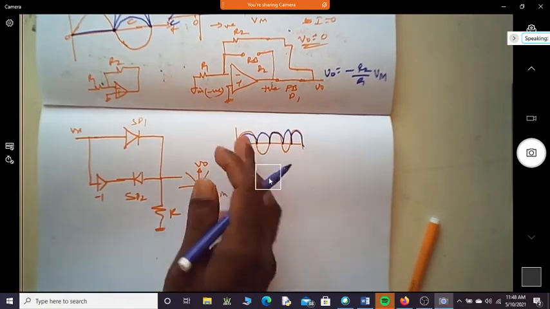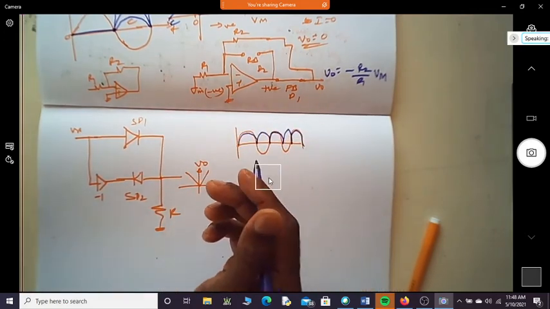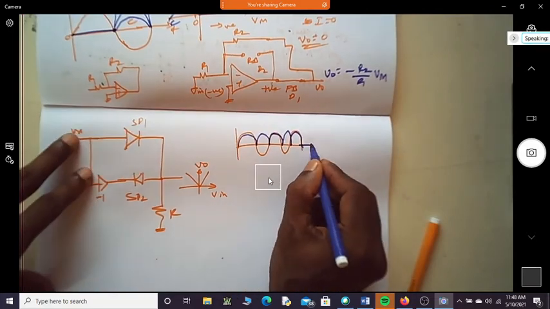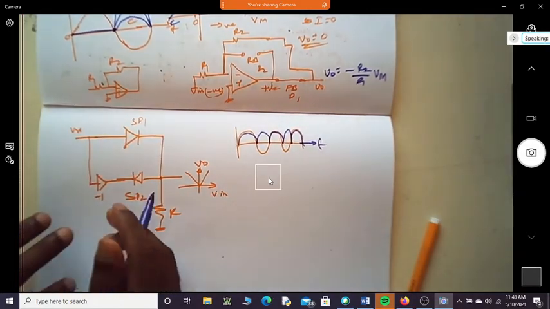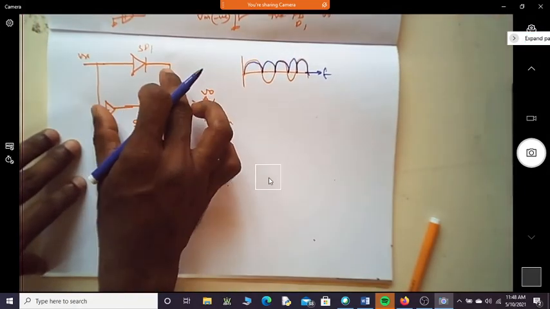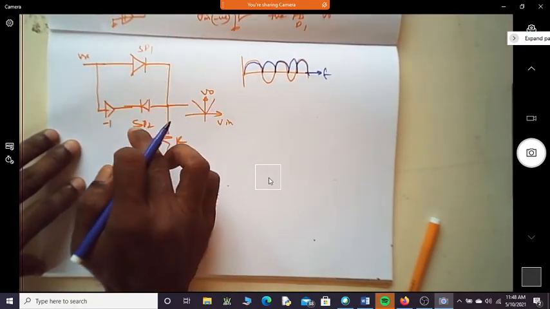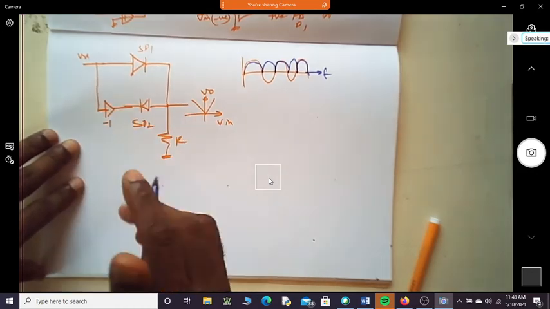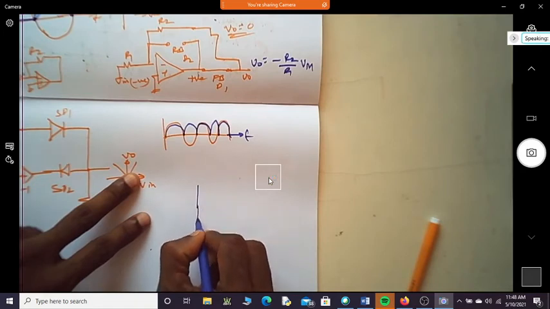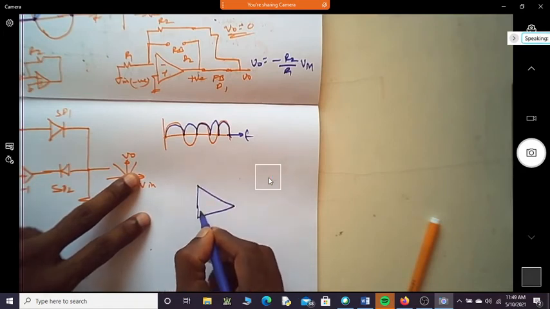Of course, the input amplitude here is less than V gamma. That is the major thing. So how do we realize this? This is the conceptual circuit where you have super diode 1, super diode 2, and an inverting stage. Can I just implement this?